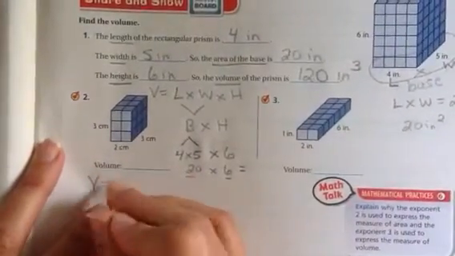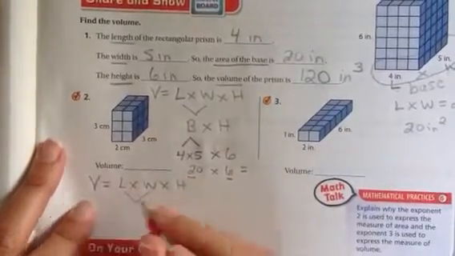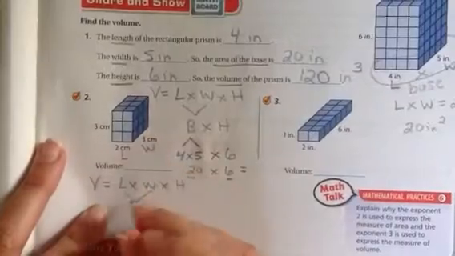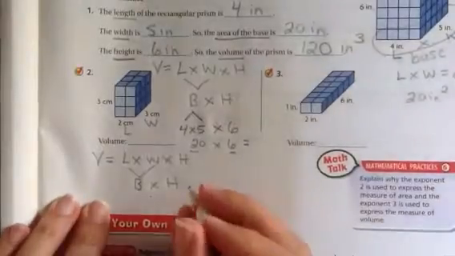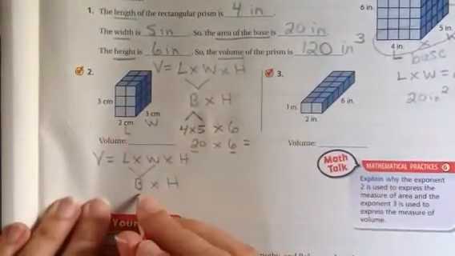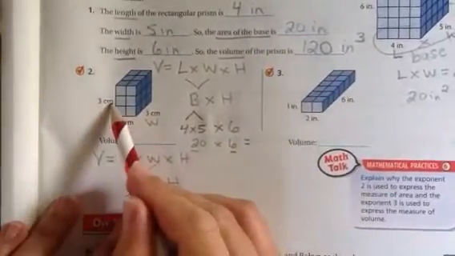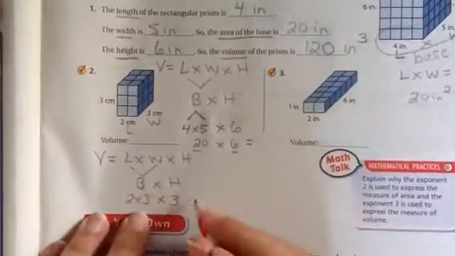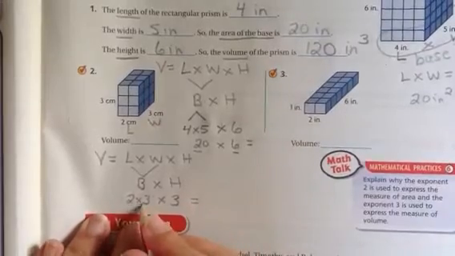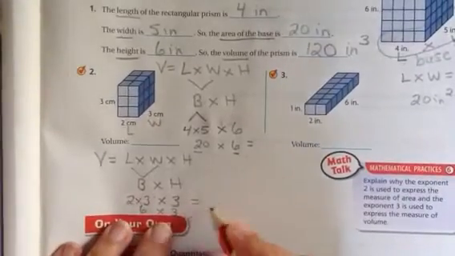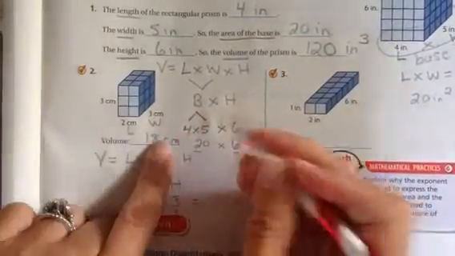Volume equals length times width times height. Or length times width is the base times the height. So if we have our length times width, which is 2 times 3 is our base, times our height, which is 3 centimeters, equals 6 times 3 is 18 centimeters this time.